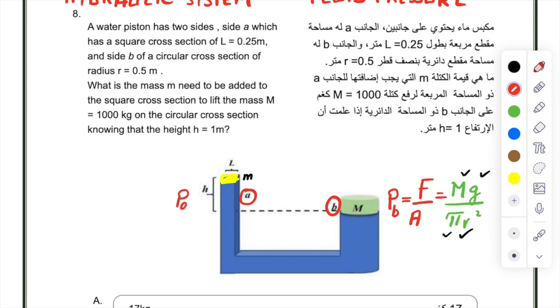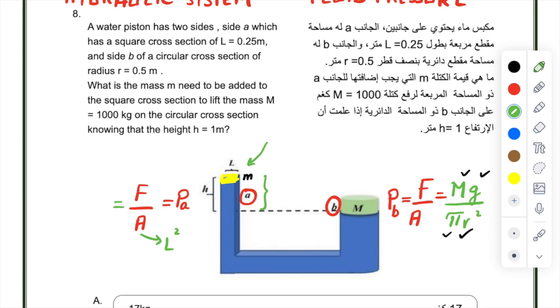on point A is also the force divided by the cross-sectional area. Starting with the cross-sectional area, it is a bit different because it is a square sectional area, so it is length squared. Now talking about the force, not only the small mass is contributing by its weight, but also the height of water is contributing by its weight.